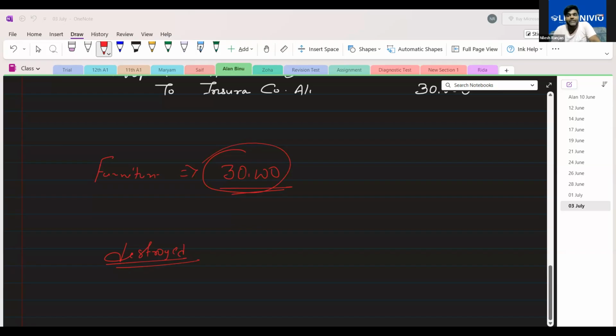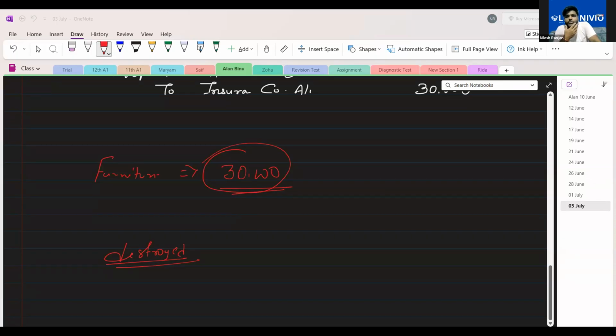Then we have to pass the entry for making a claim also. Yes, because without making a claim, you will not know that the insurance company has accepted the claim. The claim that is given in the question, that is the third step, accepted by the insurance company. So until you make a claim, how will it be accepted? Think about it.